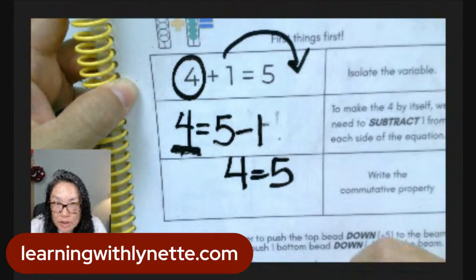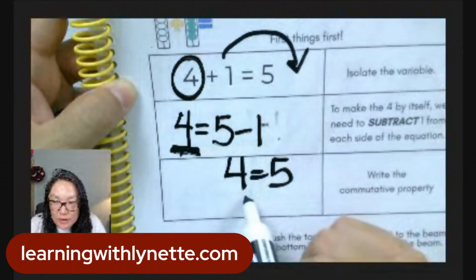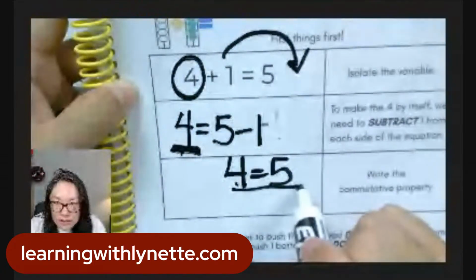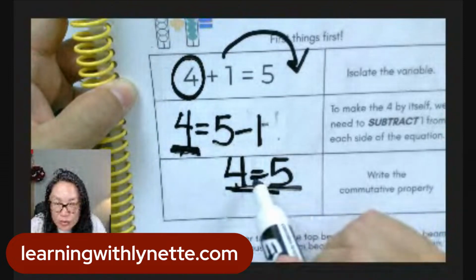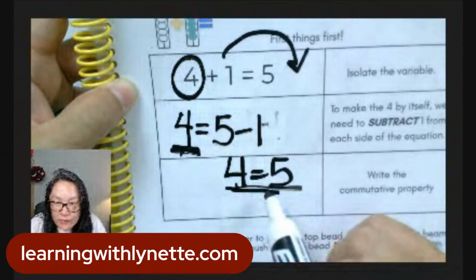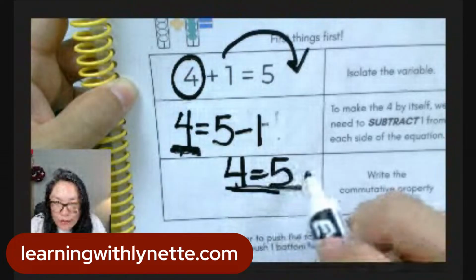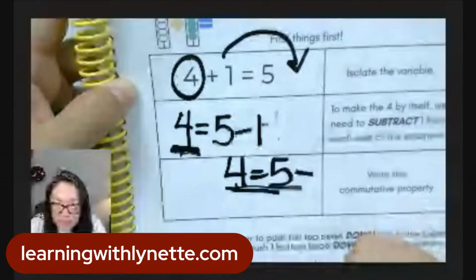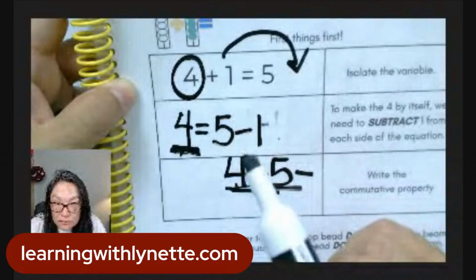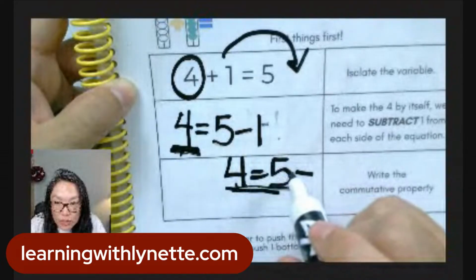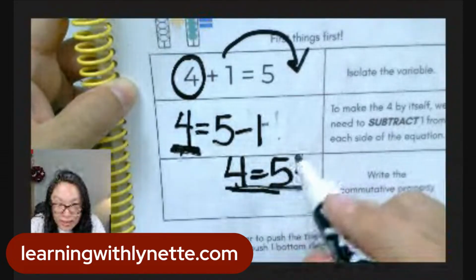I'm just waiting. So Copper, if I want to balance this equation, how do I balance this equation? If this is 4 is equal to 5, that's too much. So what do I have to do? I have to minus, I have to take away the 1. Hey, Angel, welcome back.